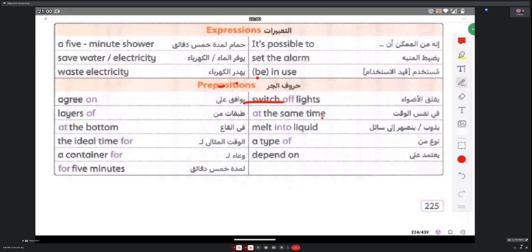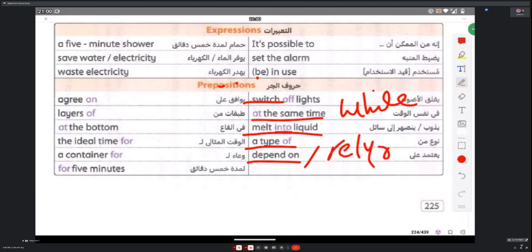At the same time means while, simultaneously. Melt into liquid. A type of. Depend on means rely on. Rely on means depend on.